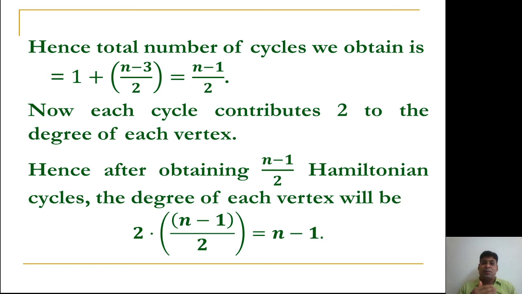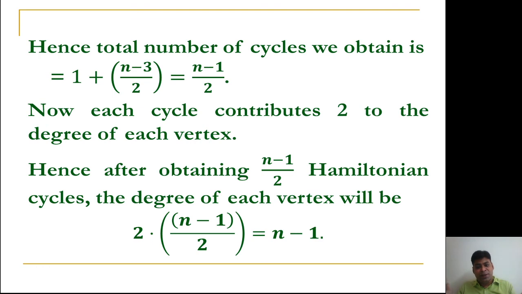So that will contribute 2 to each vertex, that is 2 times (n minus 1) by 2. 2 times (n minus 1) by 2 will be the degree of each vertex, and that number goes to n minus 1. Now how many vertices did we start with? n, Kn. How many degrees are there for each vertex? That is n minus 1. That means it is a complete graph.